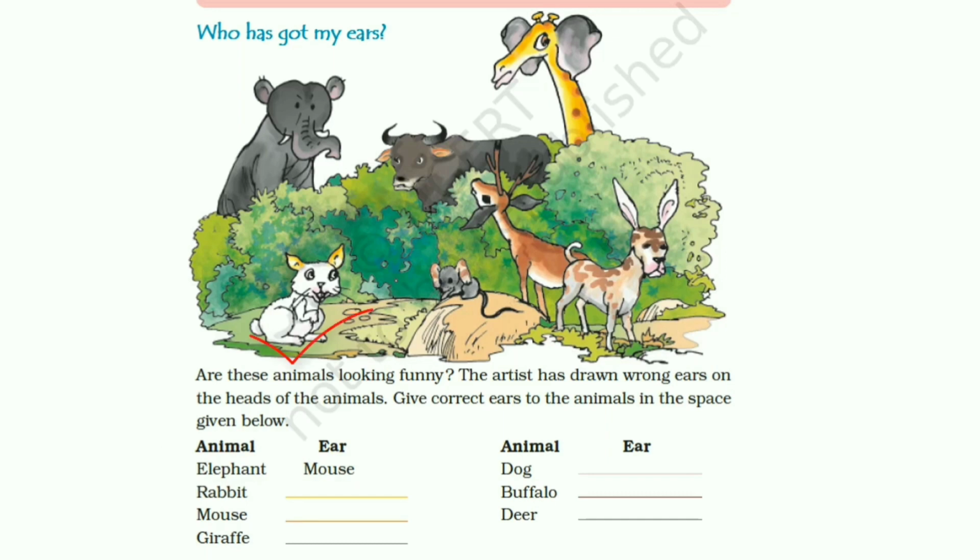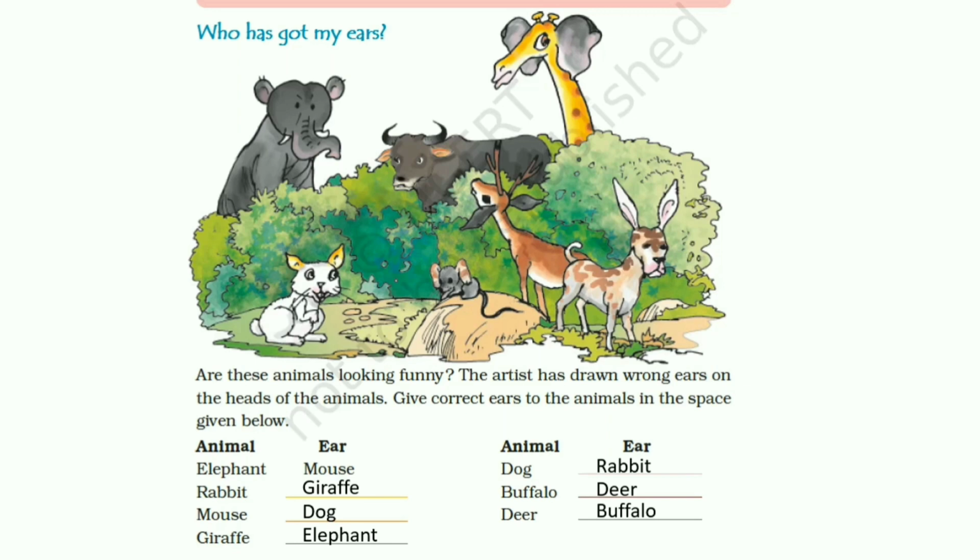See, here is the rabbit. The rabbit has ears of a giraffe. The mouse has ears of a dog. The giraffe has ears of an elephant. The dog has ears of a rabbit. The buffalo has ears of a deer, and the deer has ears of a buffalo. Let's go to the next topic.